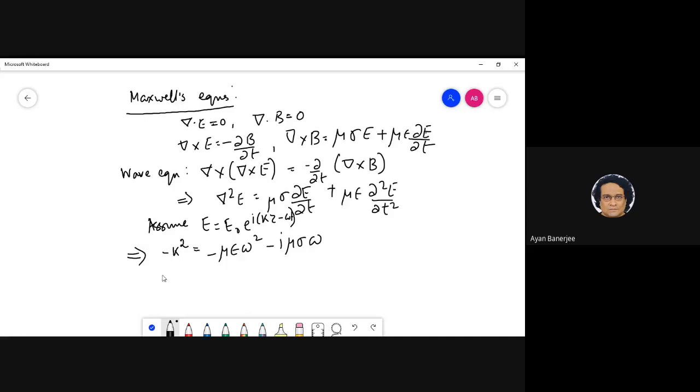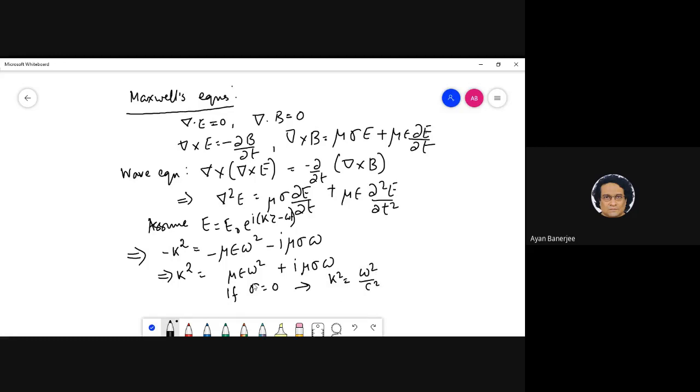Which means that k square is mu epsilon omega square plus i mu sigma omega. Now you can understand that if sigma is 0, k square is just omega square by c square, right?